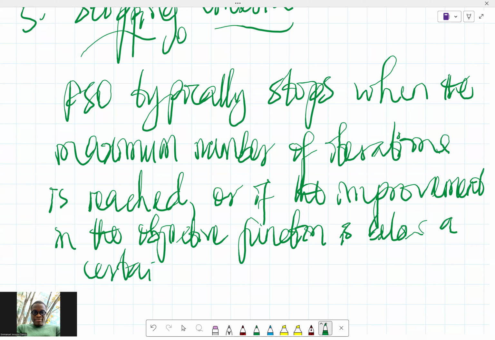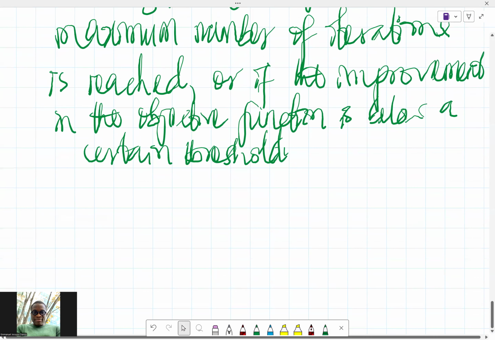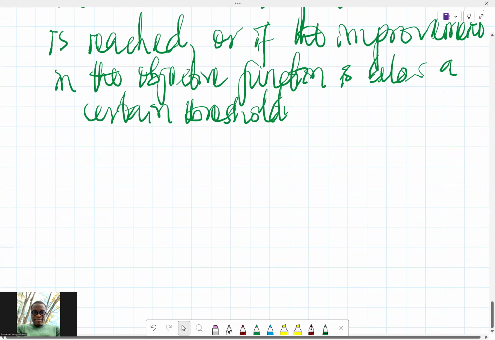Of course, these are standard. For instance, if the difference between the value we got previously and now is very tiny and less than a particular value, then we can take it as our stopping criteria.